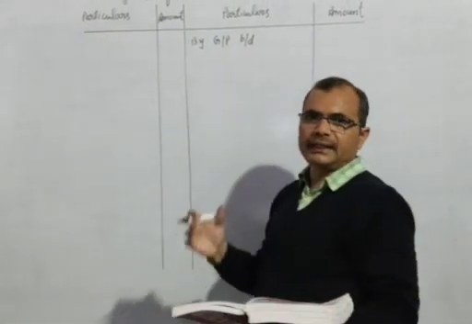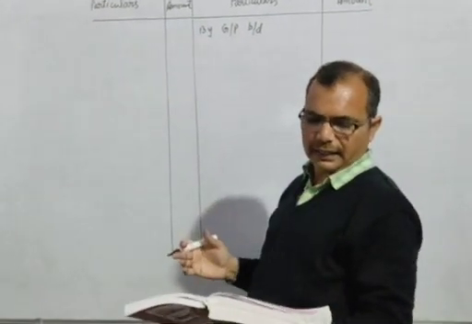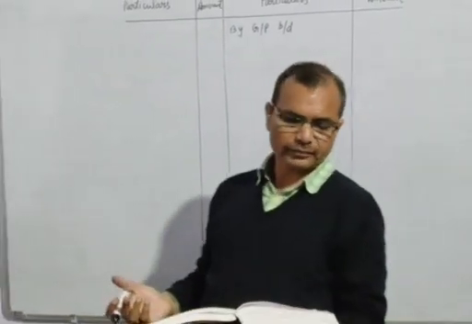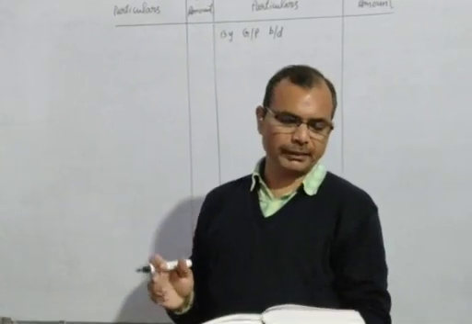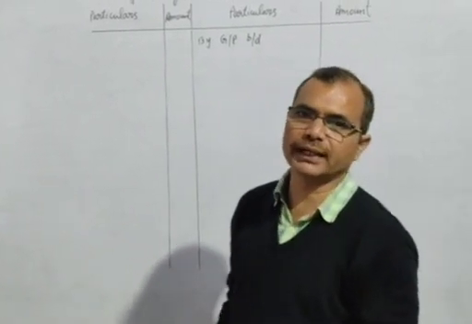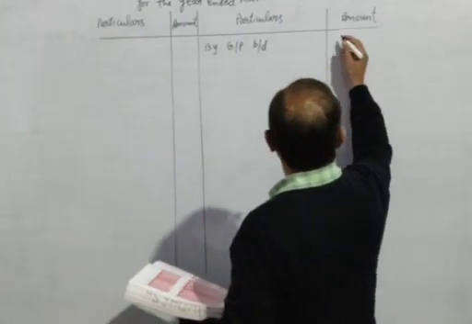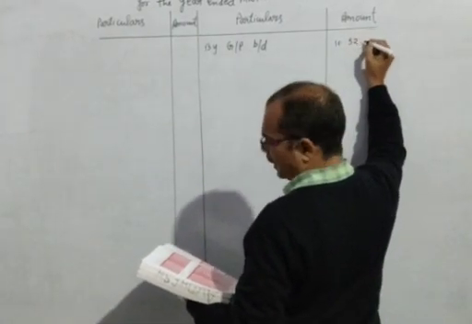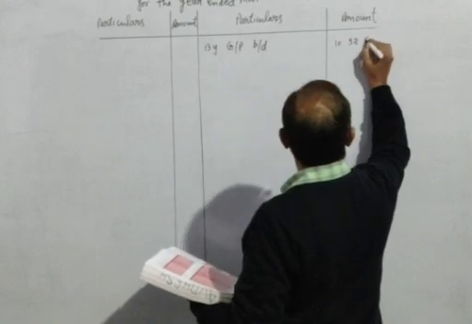Now, to understand everything very clearly, we should take a question, and we are taking that. Firstly, the gross profit given in the question is 10 lakh 52,500. We will write on this side 10 lakh 52,500.